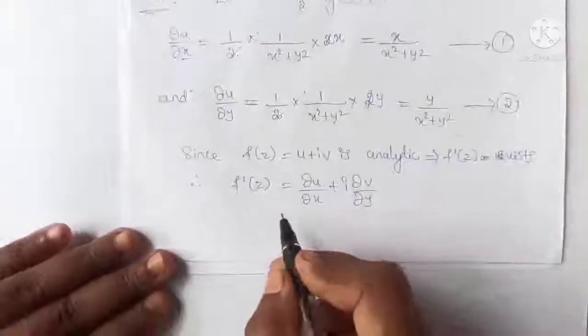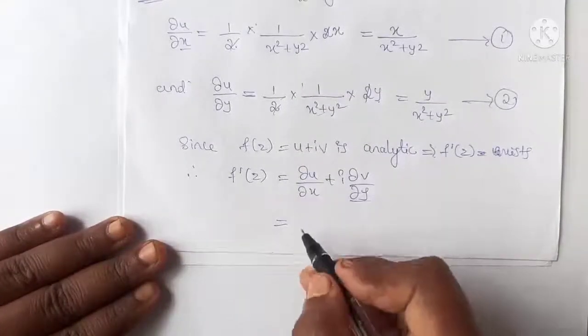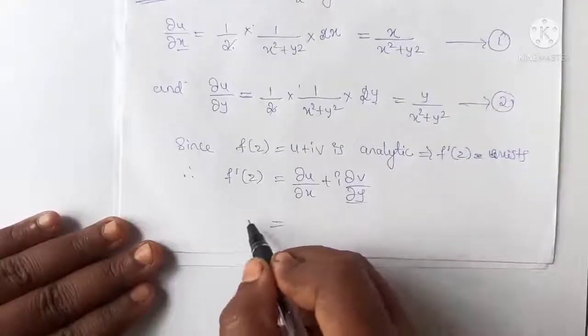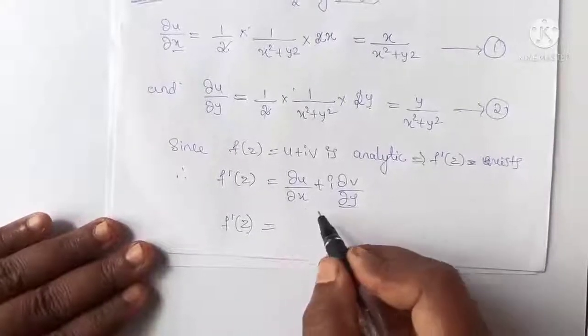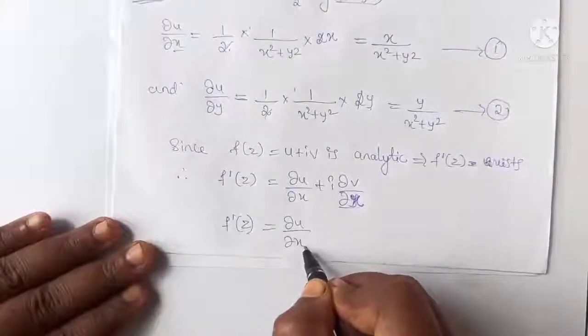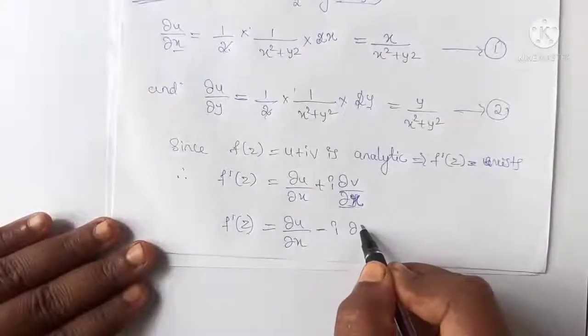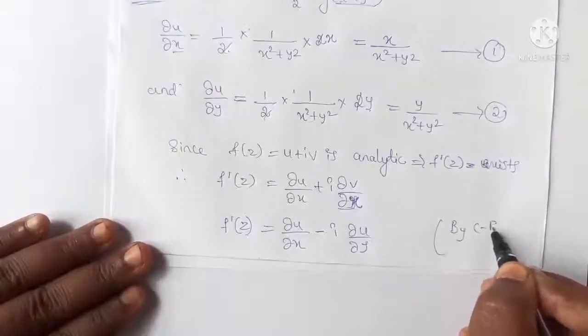By using the CR equations we convert this dou v by dou y in terms of dou u by dou y. So f dash of z equals dou u by dou x minus i dou u by dou y. This is by the CR equations.